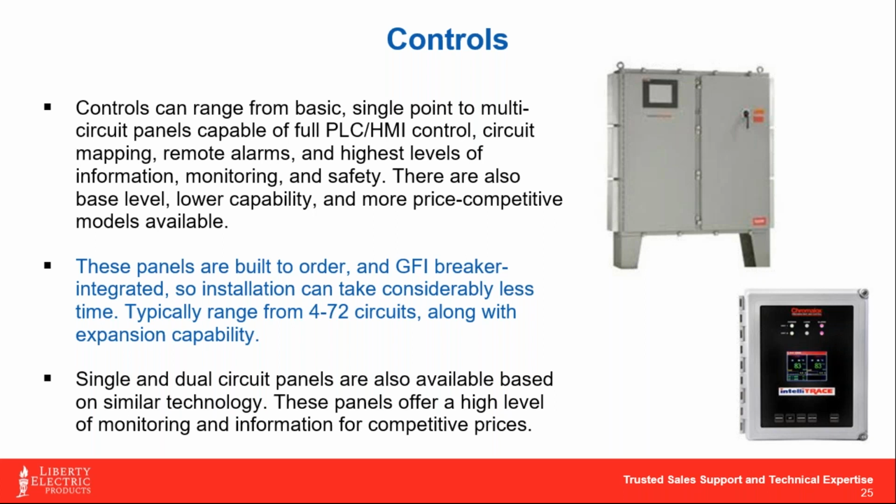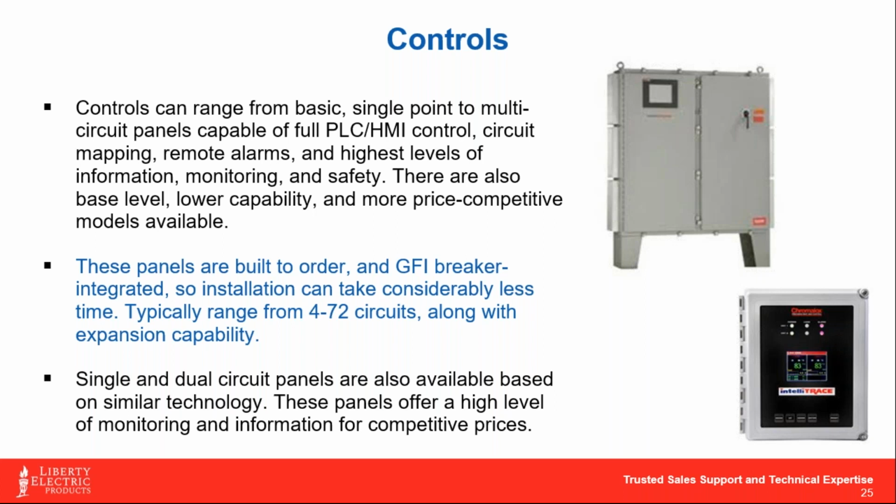In the bottom right-hand corner, we've got an example of basically a digital 1-2 circuit type of controller, where these give you a lot of the features and benefits of these larger fully integrated panels, with the exception of the breakers. You're not going to find breaker integration usually in these smaller panels, but they will handle the GFI code requirement.